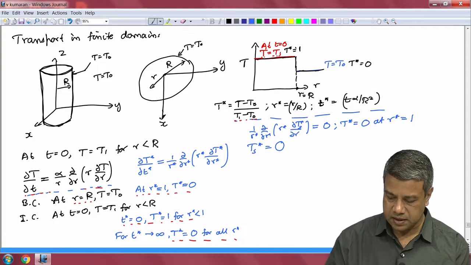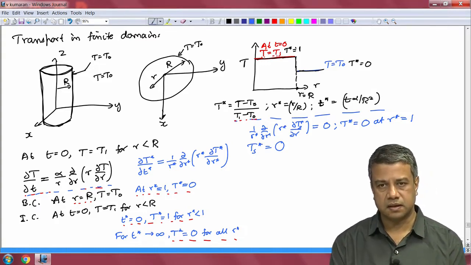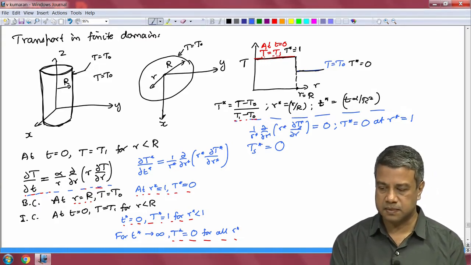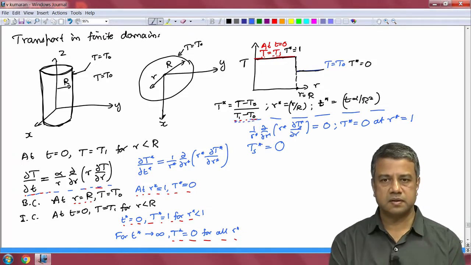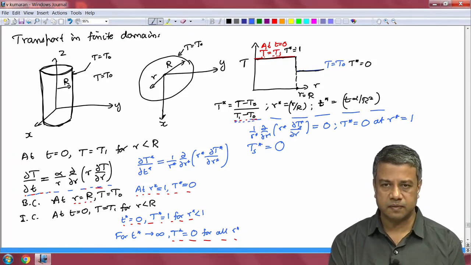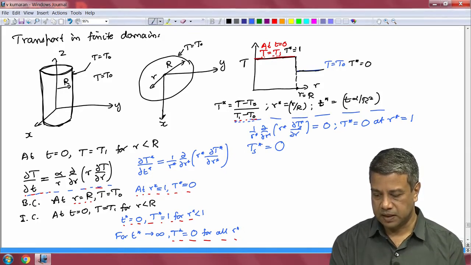When the distance is scaled by the radius, the scaled temperature is defined in this manner, so that the temperature far from the cylinder is 0, and initially within the cylinder the temperature is 1 at all locations.